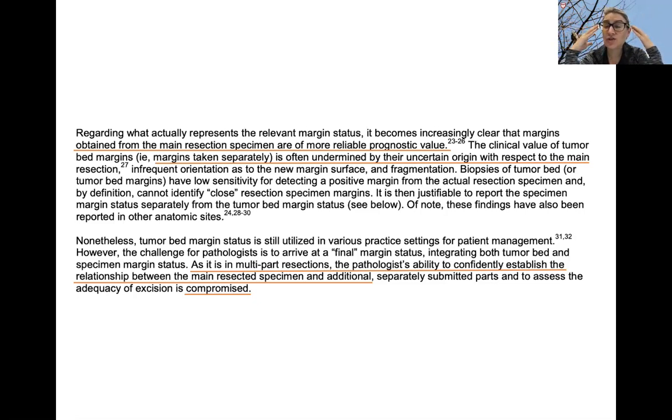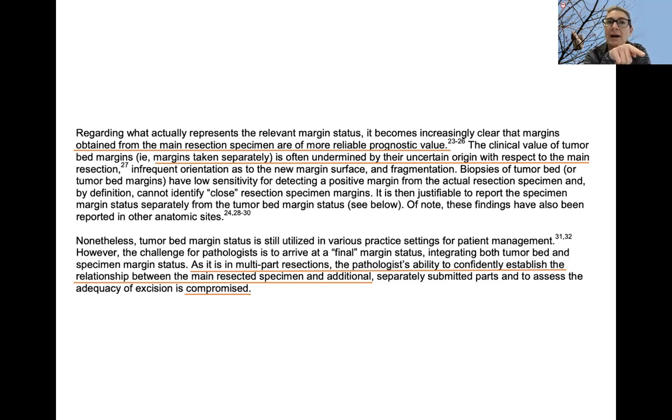I think it's especially relevant when it comes to a deep margin, right? So if you think about it, often these specimens are decently sized, right? At least a few centimeters long. And sometimes they send for deep margin, right? They send like a fleck of tissue that's no bigger than my fingernail, right? But that doesn't cover the entire deep margin of that specimen.